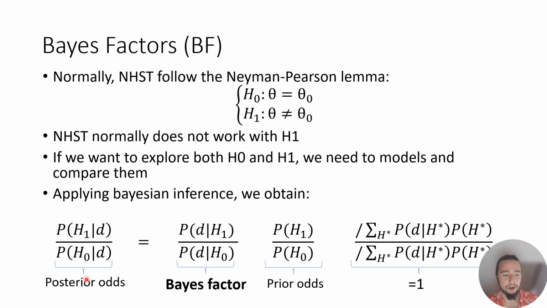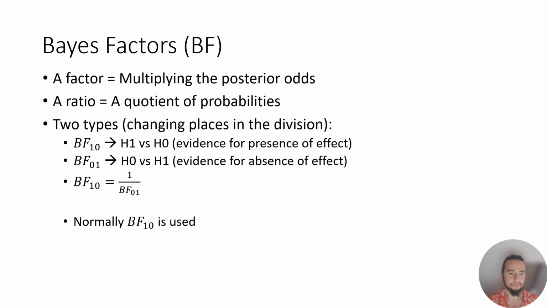The posterior odds and the prior odds are related by the Bayes factor. This is called the Bayes factor, the quotient or the ratio between the likelihoods under H1 and H0, and this will be multiplying the prior odds to obtain the posterior odds.